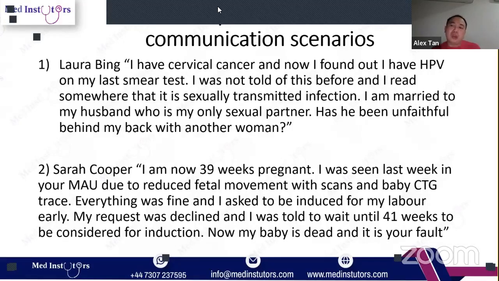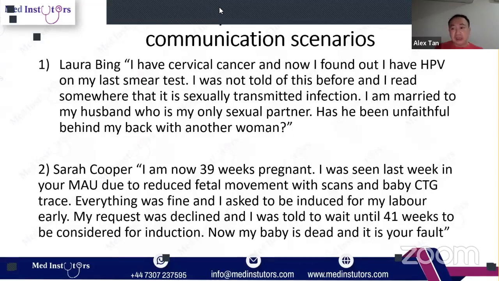At the time when we checked you at 39 weeks, we could see no reason to expedite, to fast track your delivery by induction. That's why we discouraged you from being induced so early, and we told you to wait until 41 weeks. Given this situation now, we will look after you now, and we will deal with it in the future.